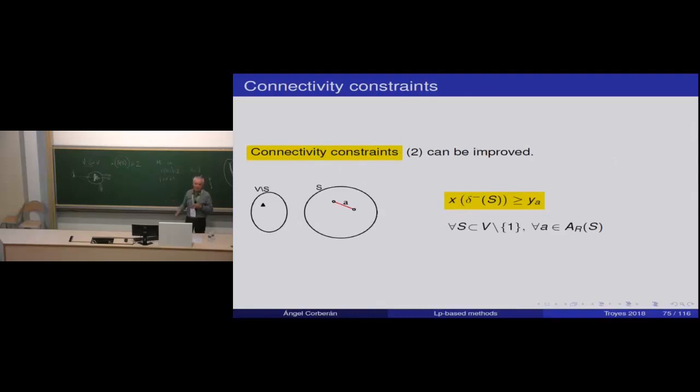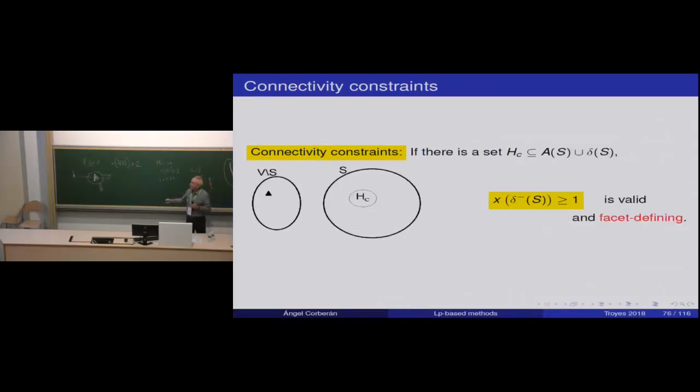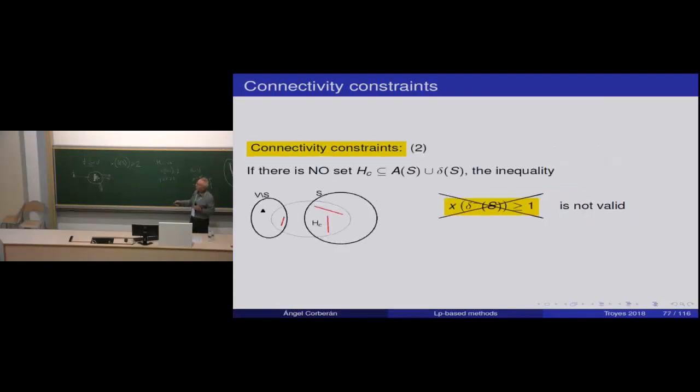These were the initial connectivity inequalities. Then they can be improved. We noticed that they could be improved because we tried to prove that they were facets and they weren't. So that means either we are not able to do the proof, or there are better inequalities. These are better inequalities in some cases, and these are facet defining. That means that they are the best ones we can find.